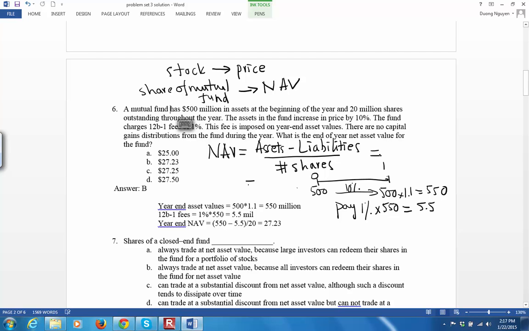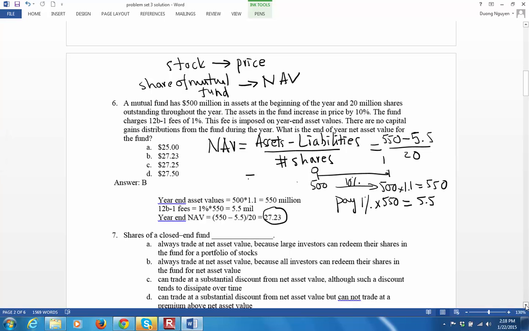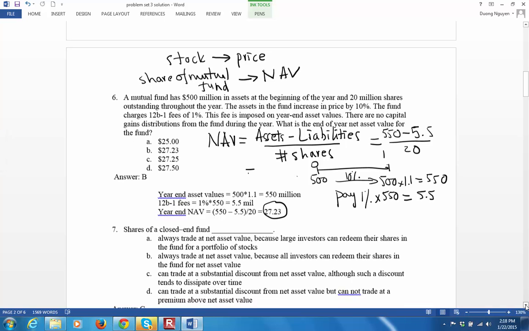So at the end of the year you have assets value equal to 550 minus the liabilities, which is the fees, 5.5, divided by the number of shares, which is 20 million shares. And the answer is right here, 27.23. That is the value of one share of the mutual fund.